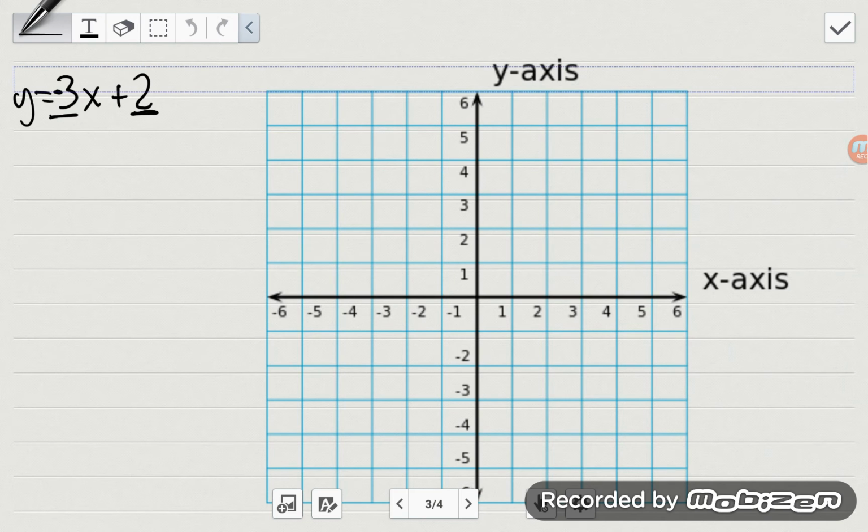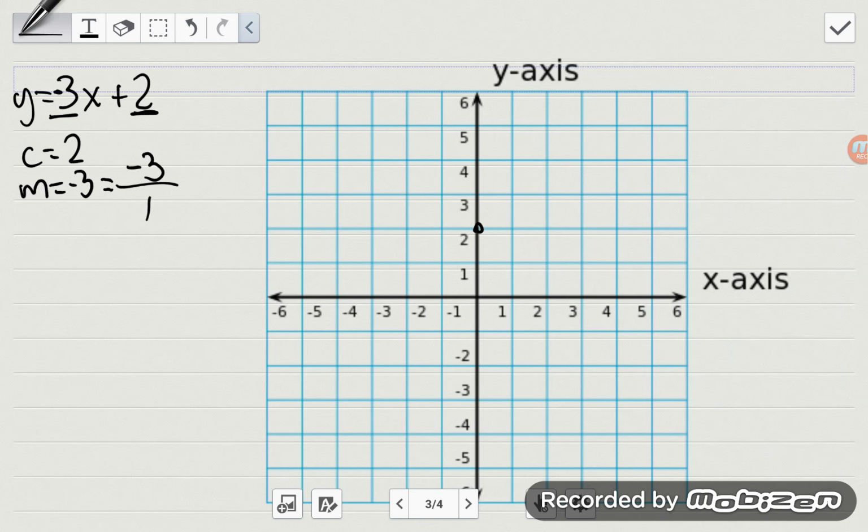Our first example will be y equals negative 3x plus 2. We need to isolate the gradient and the y-intercept, which gives us c equals 2 and m equals negative 3. Simple. We start off with our c, where on the vertical line is c, over here. Then we turn m into a fraction, which gives us negative 3 over 1, because it is a whole number.